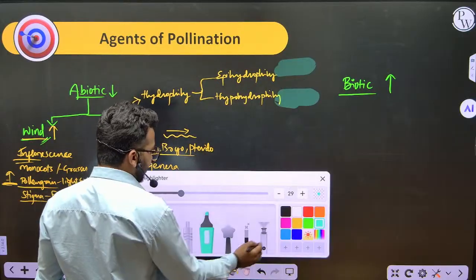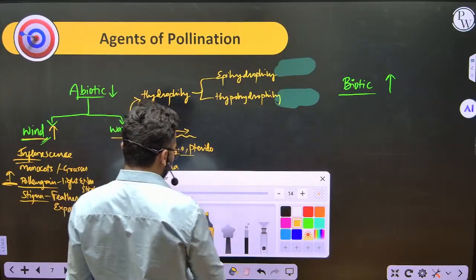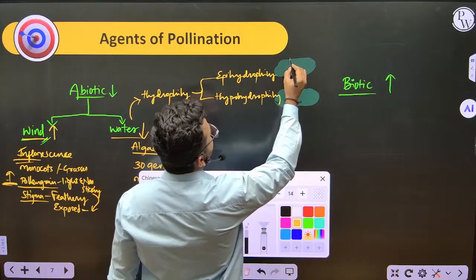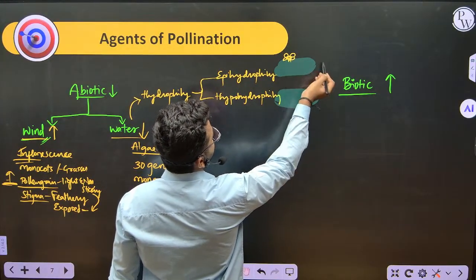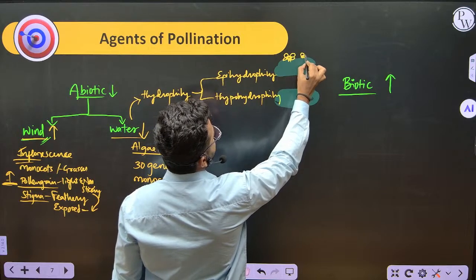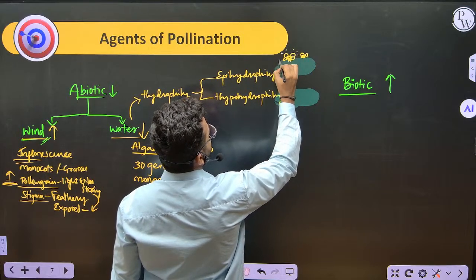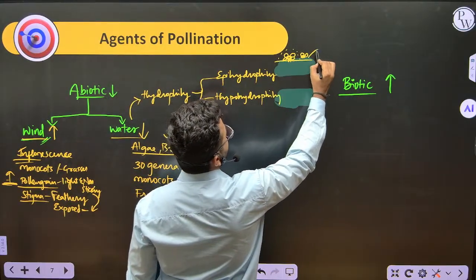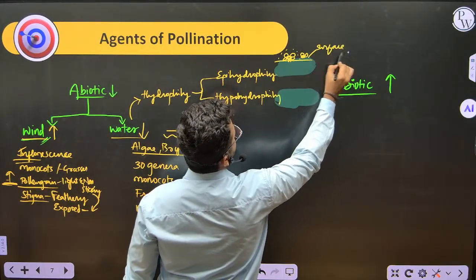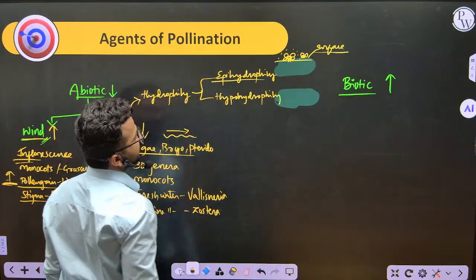So the pollination will be taking place with the help of releasing the pollen from the female flowers on the surface, and the pollen grains are released here on the surface of the water. That is epihydrophily.